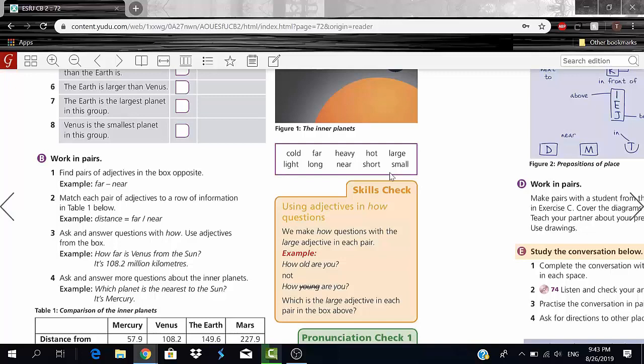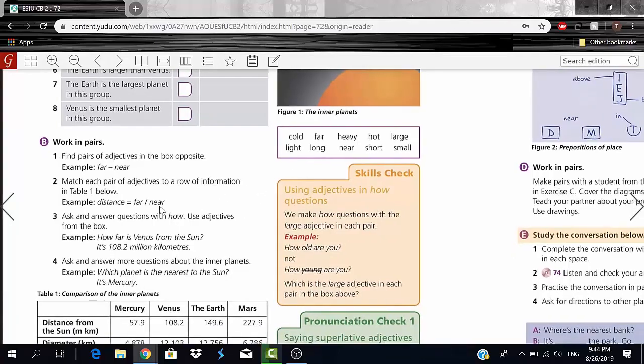But we could use the same pair for different items, okay? So large and small. And then what else do we have? I think we've got them all, except maybe for short and long, okay? So these are the only two missing, so long and short. Okay, you guys? Now, let's see what number 2 wants.